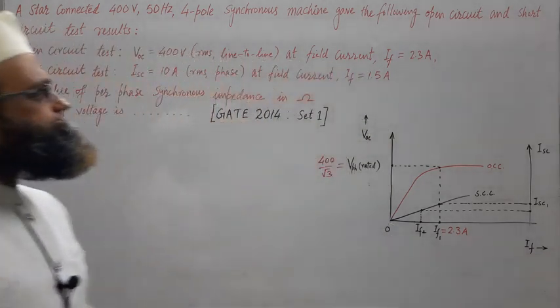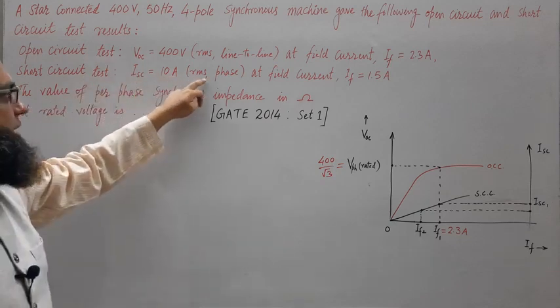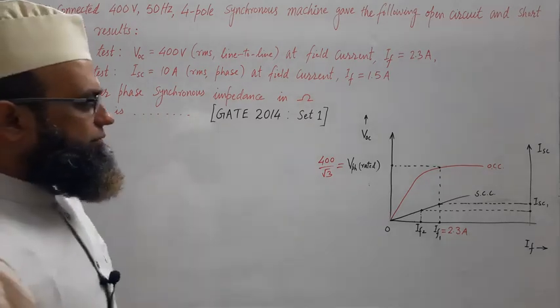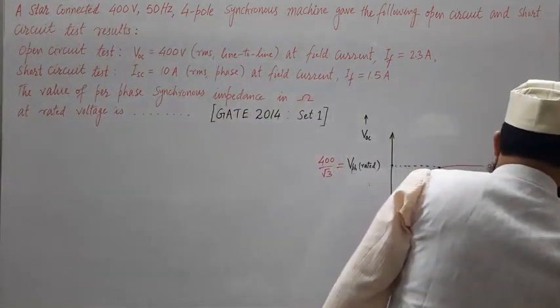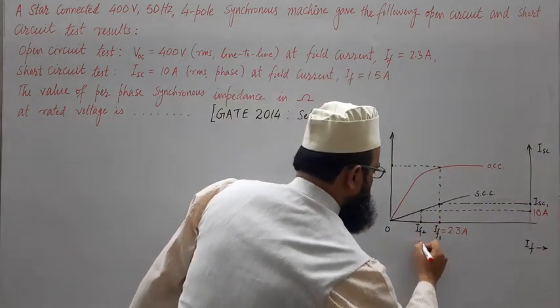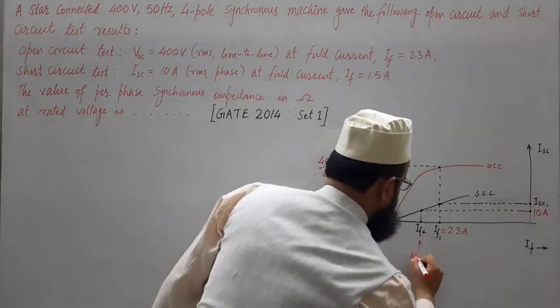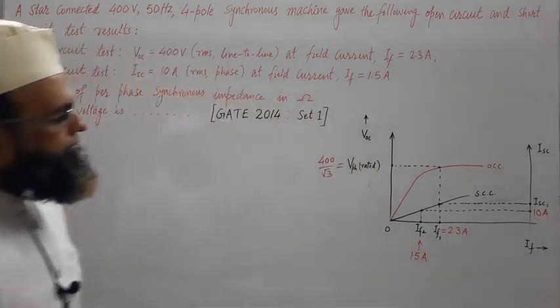Fine. Under short circuit test, ISC of 10 ampere is obtained at field current IF2 equal to 1.5 ampere. Fine.